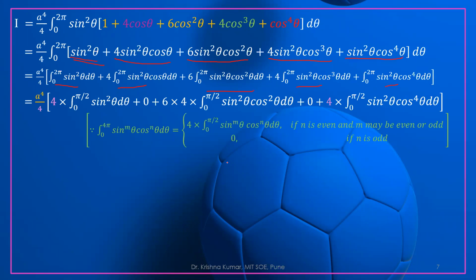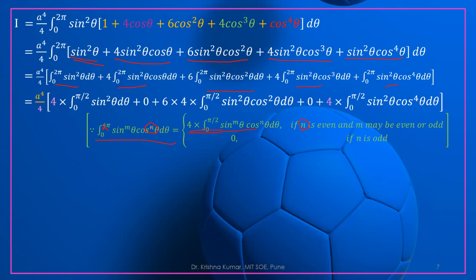Okay, but now there is one formula. If it is 0 to 2 pi, sin to the power m theta, cos to the power n theta d theta, then its value is 4 times the integral from 0 to pi by 2. But there is a condition that the power of cosine should be even. If the power of cosine is even, then it is 4 times the integral from 0 to pi by 2.